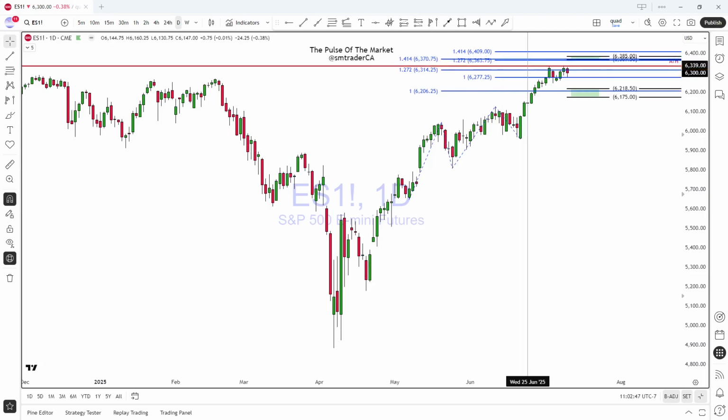Again, this is in confluence with the upper range of the weekly expected move. So that's why I'm looking at the upper range somewhere around this 6360 area to find aggressive sellers. We could see resistance up at this area if the price continues to move higher in the coming week.